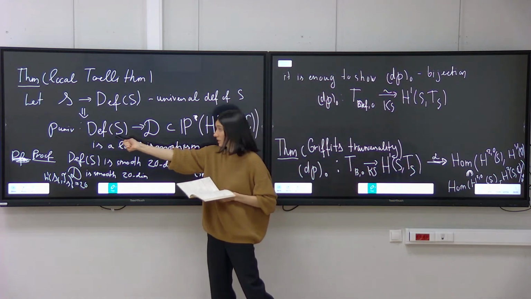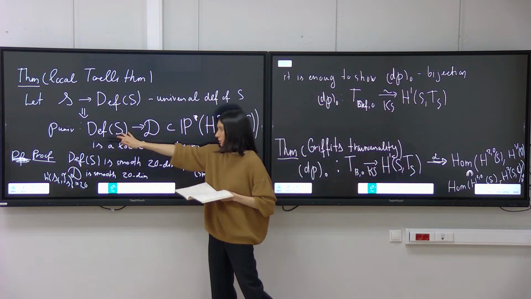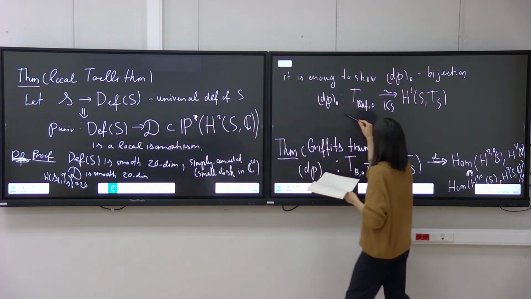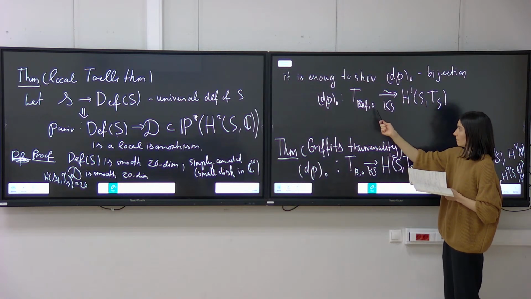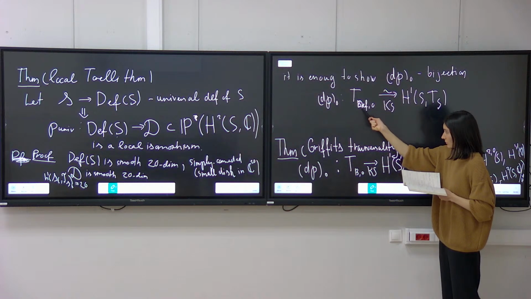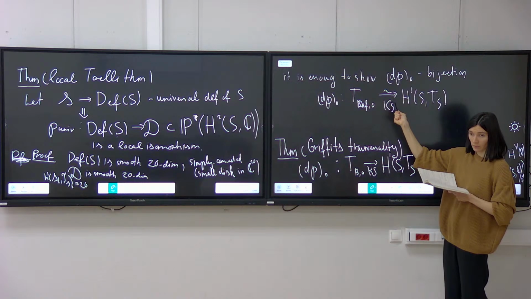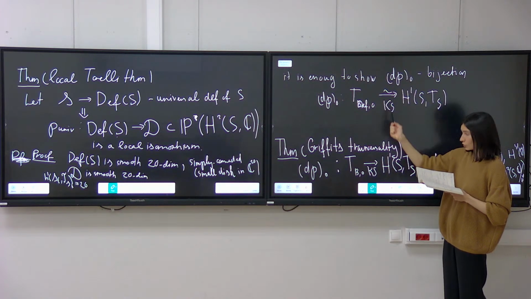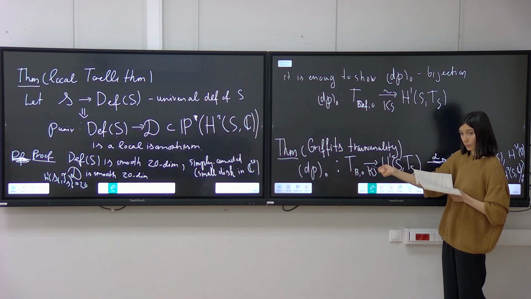And we have already discussed that when a deformation is versal, not even universal, then we have this isomorphism. And we have already discussed that if this universal deformation is smooth, then this isomorphism is given by the Kodaira-Spencer map, right? So in Griffith's transversality, we have an isomorphism for a universal deformation, right?